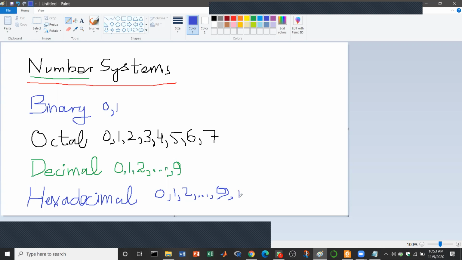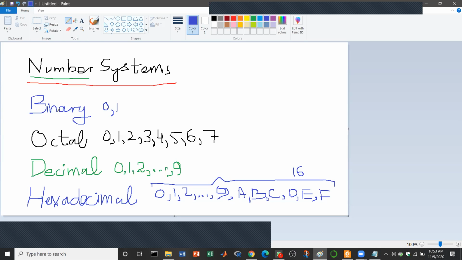And then it includes A, B, C, D, E, and F, because there are 16 total members, so it contains 16 hexadecimal digits.